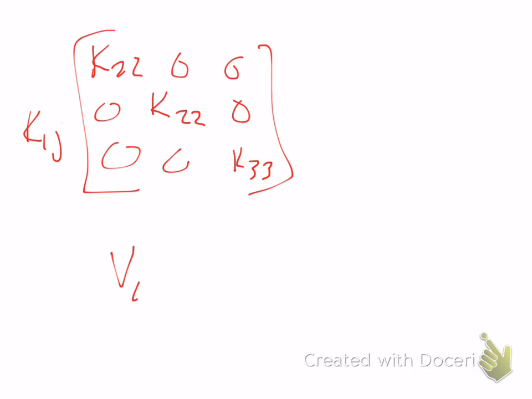Okay. Then we can say that the volumetric flow rate is the permeability tensor times 1 over the viscosity times dp i dx j.